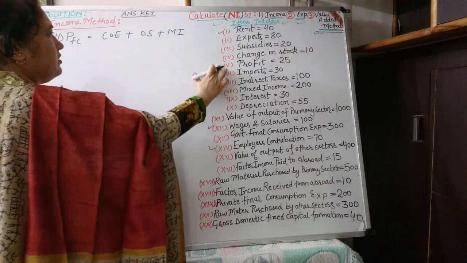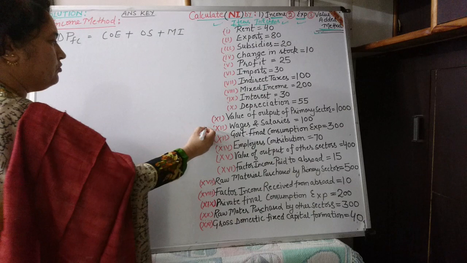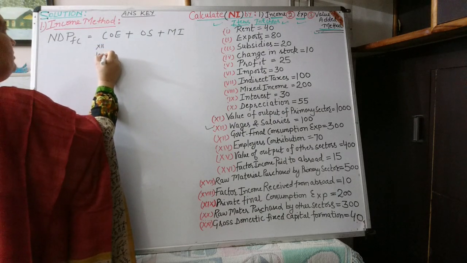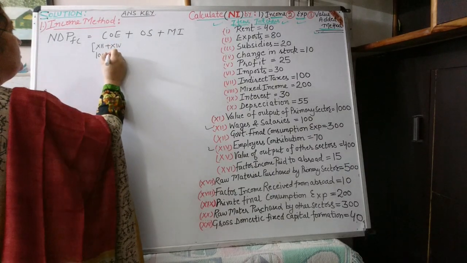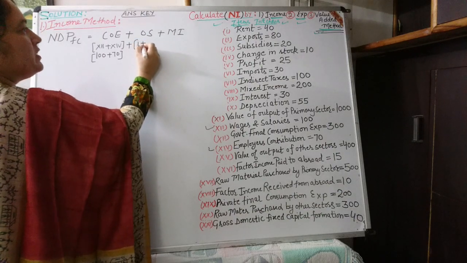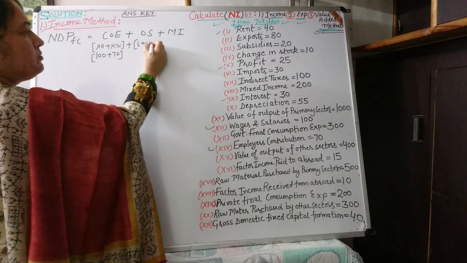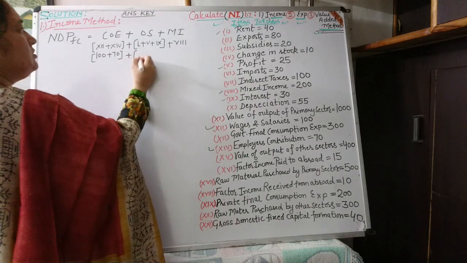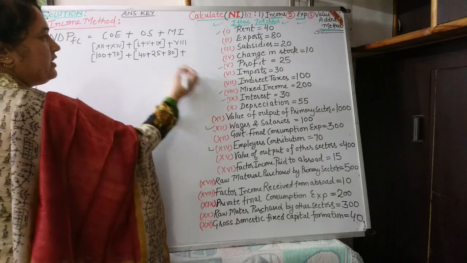The main components of compensation of employees are: number 1, wages and salaries, which is 100, plus employer's contribution, 100 plus 70, plus item number 1, rent, plus profit, item number 5, plus interest, item number 9, plus mixed income, item number 8, plus 40 plus 25 plus item 9 is 30, plus the value of mixed income is 200.